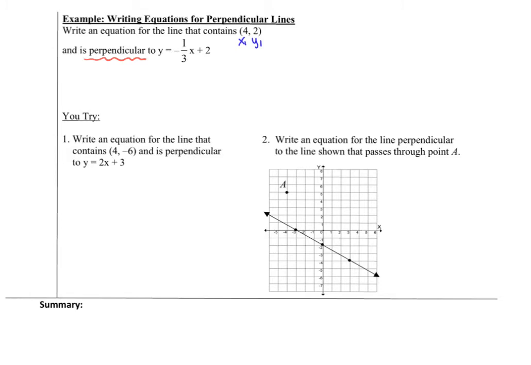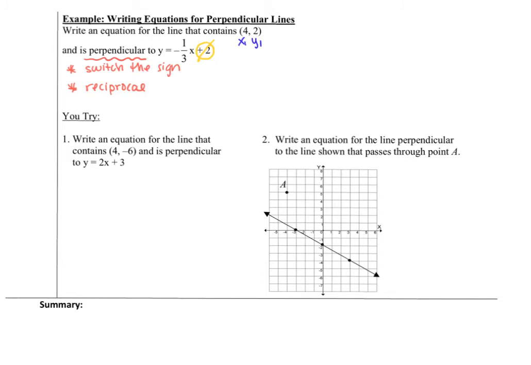So again, perpendicular, we have to switch the sign, and then you have to do the reciprocal, which means you're going to flip the fraction. We're not concerned with the +2 because that's the y-intercept.